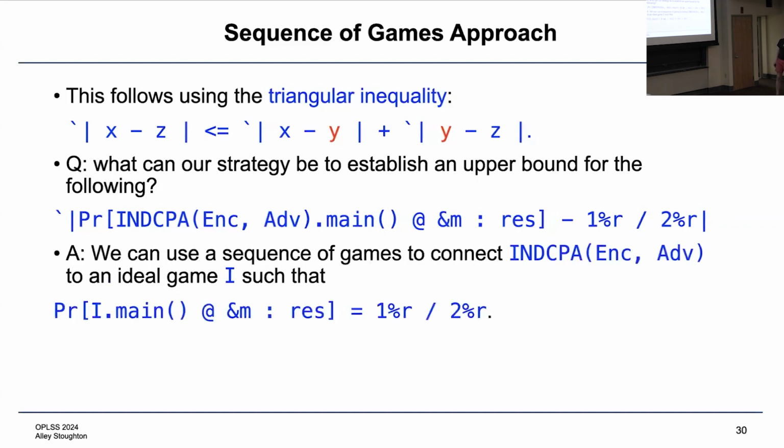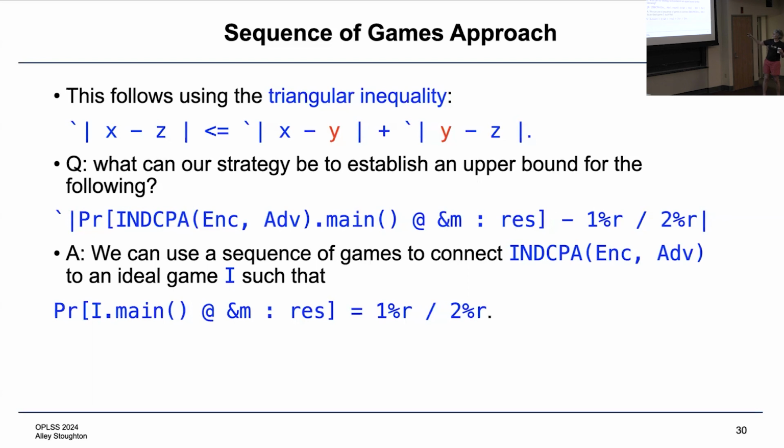And so we can use a sequence of games to connect the real game to an ideal game that, as I just said, the adversary wins precisely half the time. So this is then going to be our second example of the real ideal paradigm, again, without a simulator. So in examples 2 and 3, we'll work with simulation-based security.